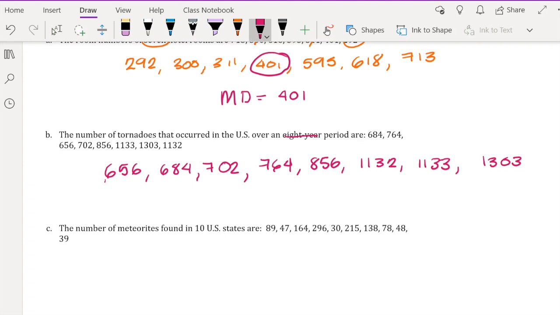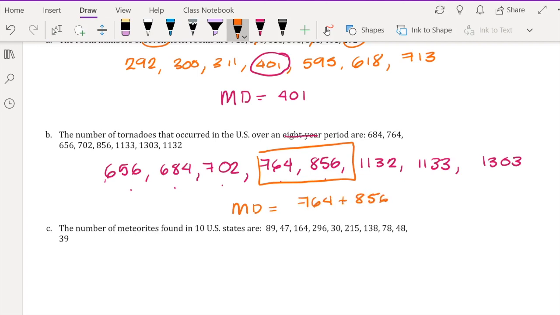Okay, so 1, 2, 3, 4, 5. These two values are the middle values. So to find the median, it's going to be this number plus this number over 2. And that is 810. That's going to be my median. Cool.